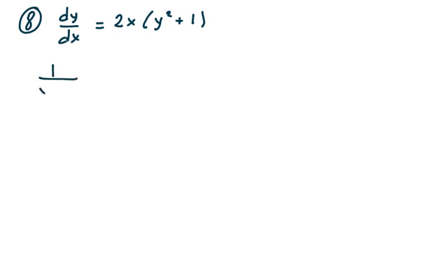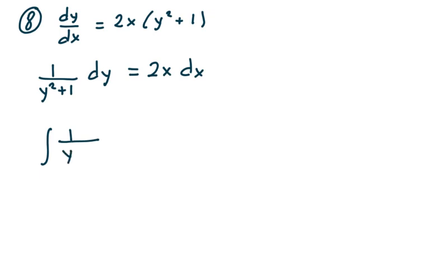I can say 1 over y squared plus 1 dy is the same as 2x dx. And we're almost done. Integrate both sides. So the integral of 1 over y squared plus 1 dy is the same as the integral of 2x dx.